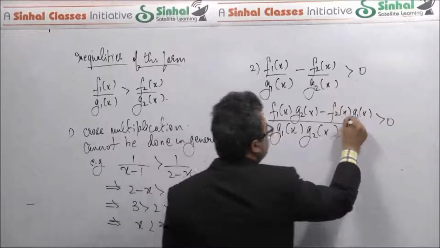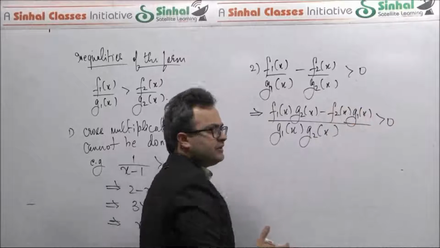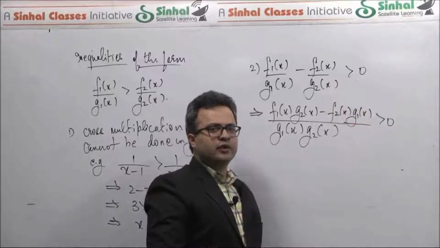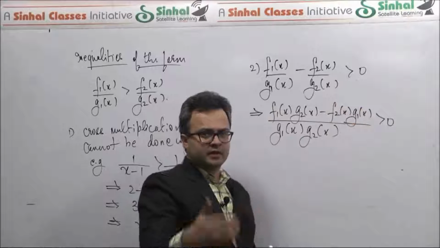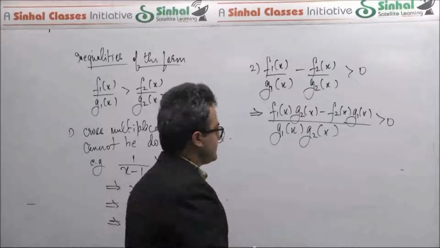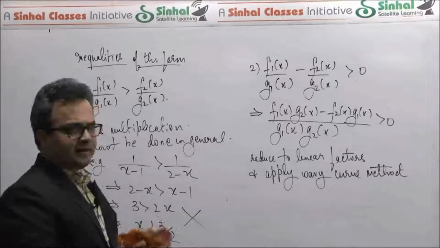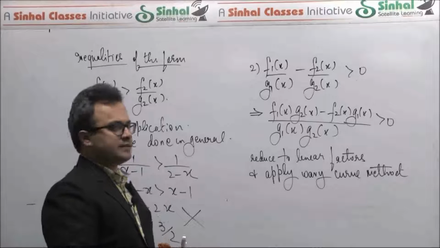Finally, you again have some rational function on the left hand side, which you reduce in terms of linear factors, right? So now we can go ahead and apply the wavy curve method and get the answer.